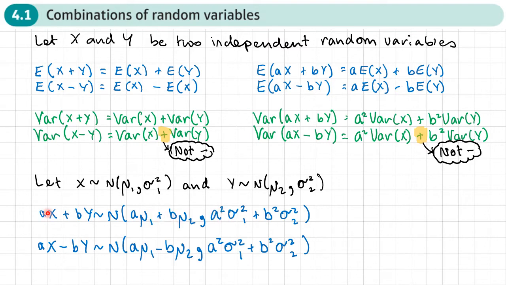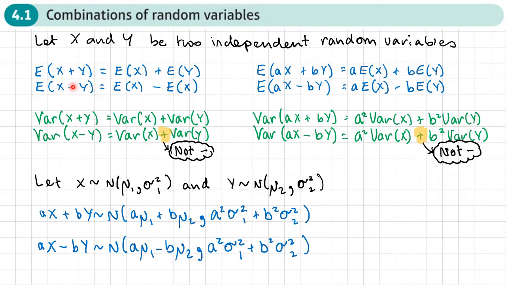And we're going to take that multiple, square it. We multiply that by the first variance and add it to that multiple squared of the second variance. So it looks quite complicated, but actually we're just doing some multiplication and adding here. And when we come to multiples of these random variables and we're subtracting, the only difference is, well, we subtract here, which sort of makes sense.